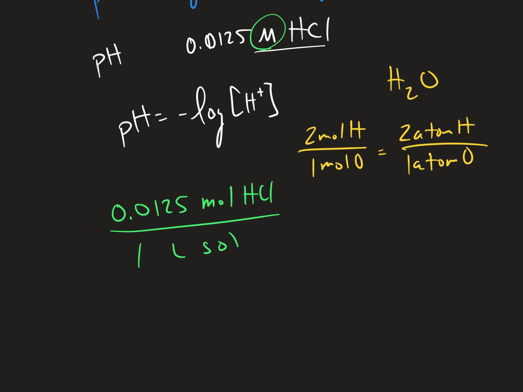So, can we convert this to moles of H plus? If we have 1 mole of HCl, how many moles of H plus do we have? 1. There's 1 of these for every 1 of those. You following me?